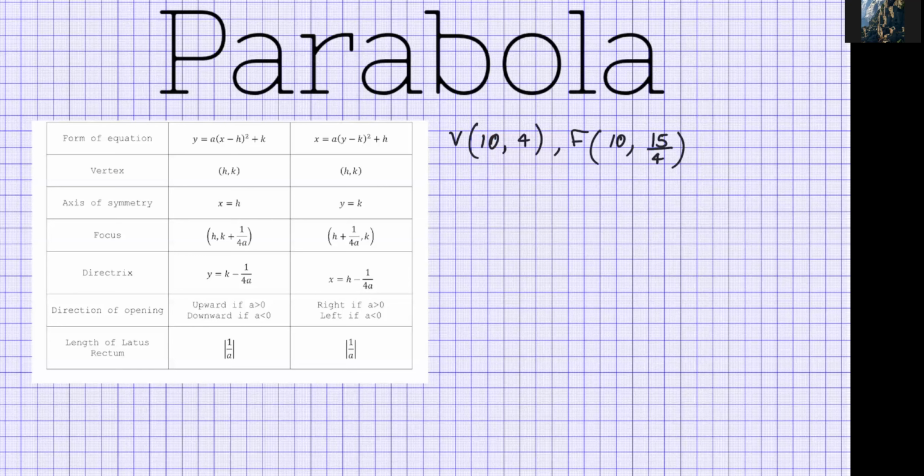This is happening because this vertex and this focus are on a vertical parabola. So if the X number is the same and the Y coordinate changes between vertex and focus, we are watching a vertical parabola. So that means that the information that we will be using is this information on this column right here.